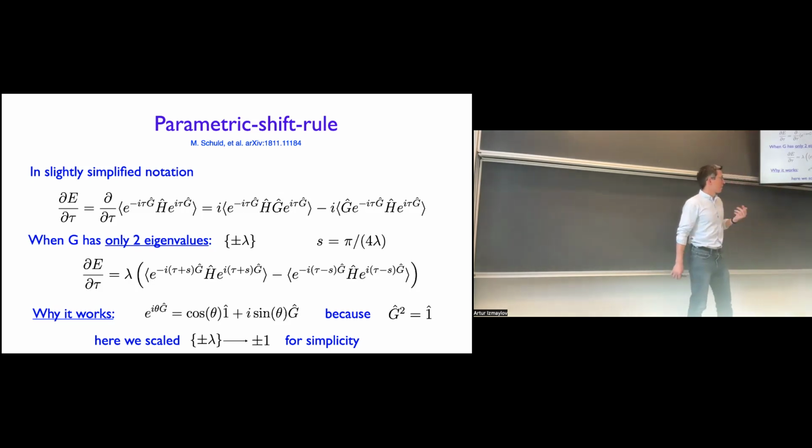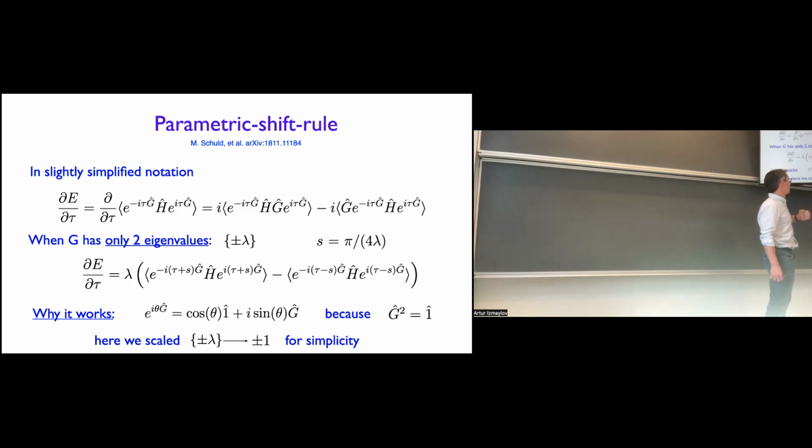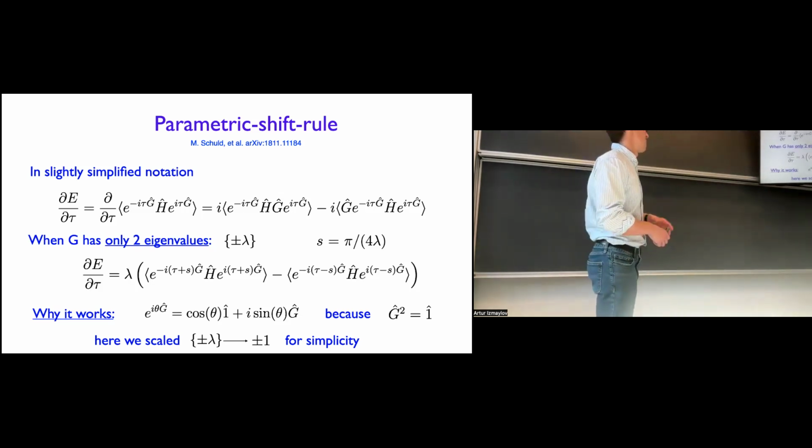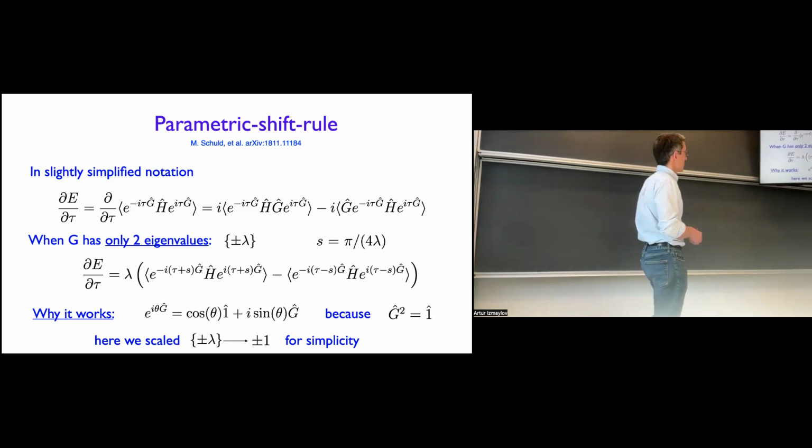And there are simpler cases where the generator that we are considering has only, say, two eigenvalues, plus minus 1 or plus minus lambda. In that case, there is this parametric shift rule that was suggested, and we discussed how it works.